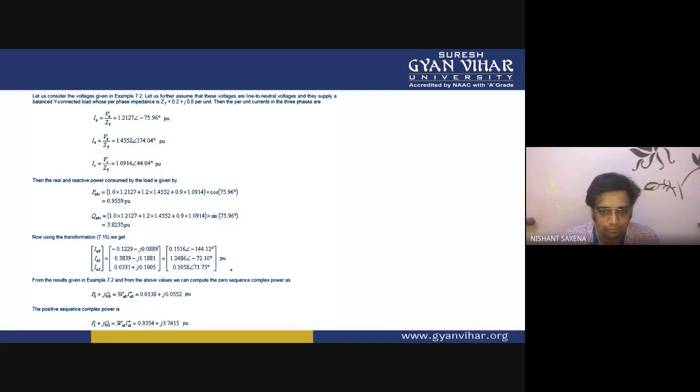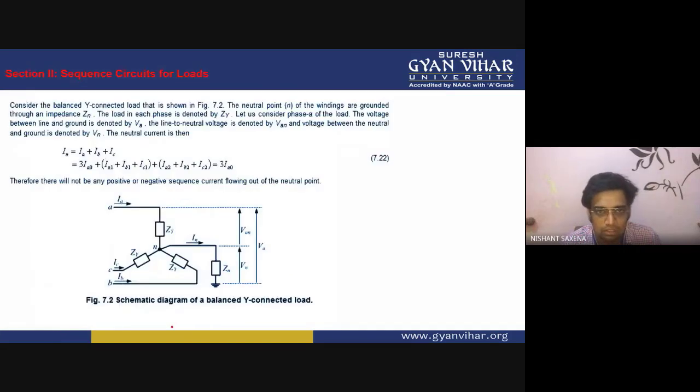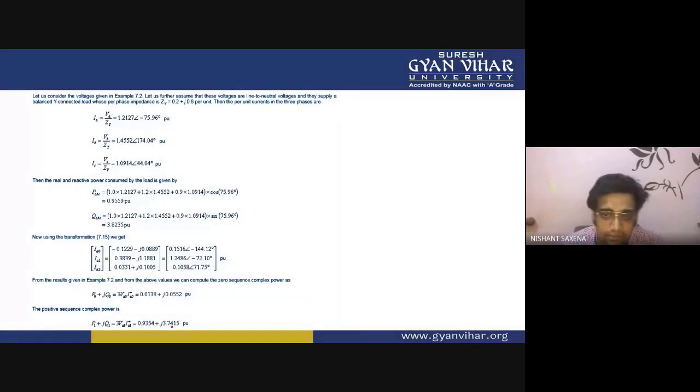Now, which can be written in this form: VA into IA conjugate, VB into IB conjugate, VC into IC conjugate, which can be written as VABC transposed into IABC conjugate, where I star is nothing but the complex conjugate of the vector I.